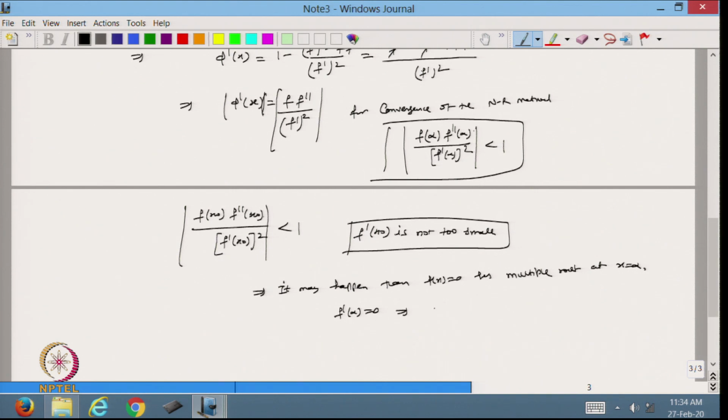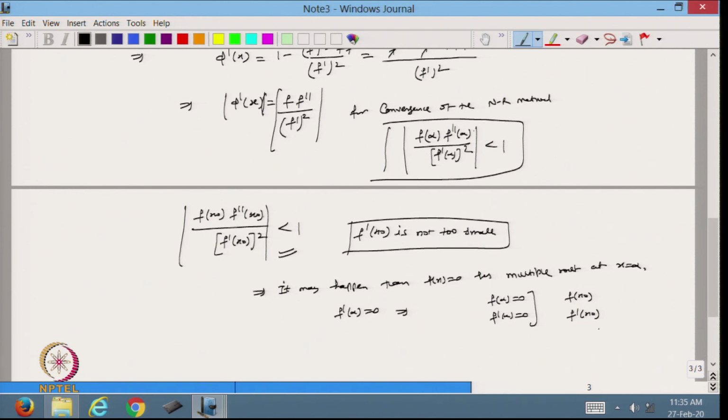So, what will happen in that case? My f is also 0. My f alpha is 0, my f dash alpha is 0, and suppose I start with the initial f x naught that is very small, and f dash x naught that is also very small. In that case this condition may be violated.